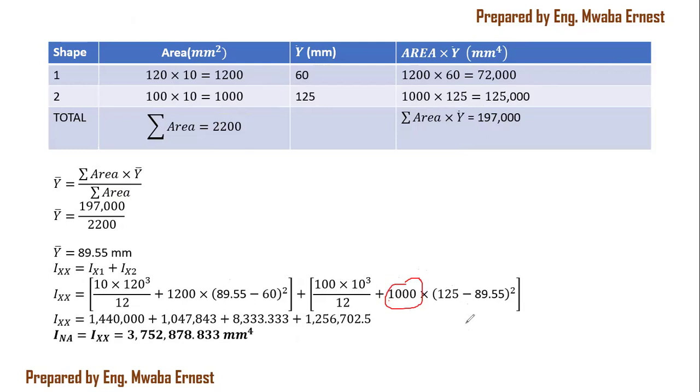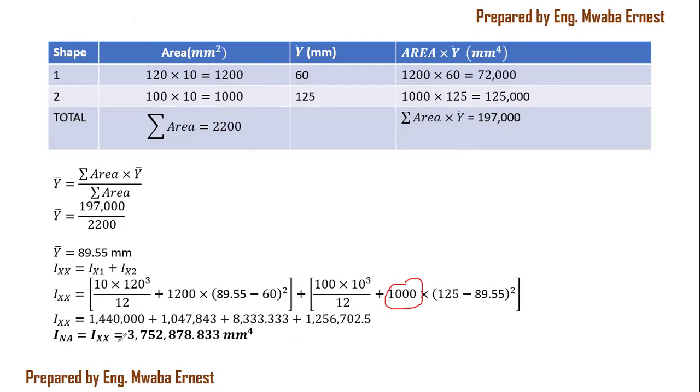It's the difference between the centroid, the bar y for the whole shape, minus the bar y for that singular shape, the portion for the top part. So 125 minus 89.55, and whatever result comes from there, we do the same way, squaring.